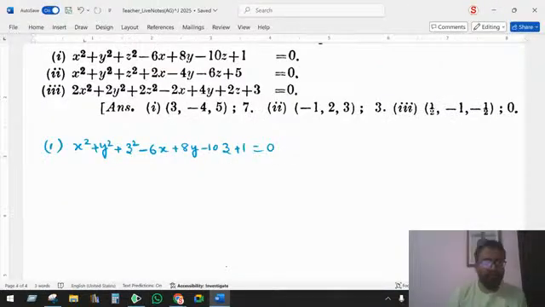Here you can either do that, or convert the entire equation to the general form. How can we convert x square and its friend minus 6x into a perfect square?